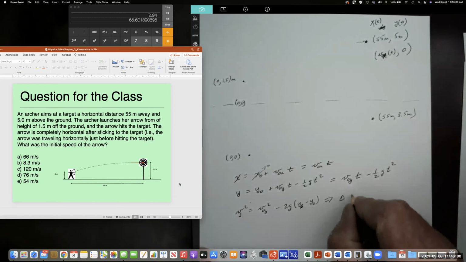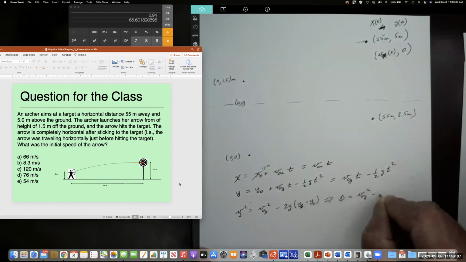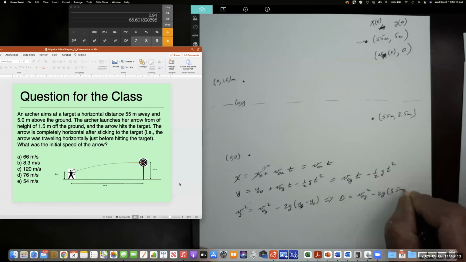So I have 0 is equal to v0y squared minus 2g times 3.5 meters.